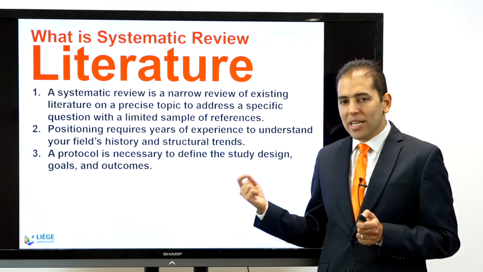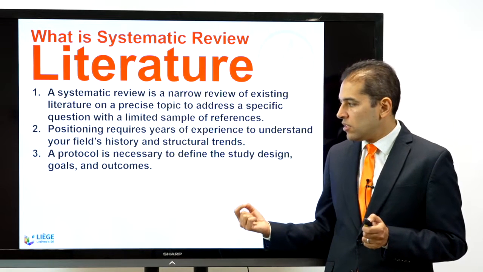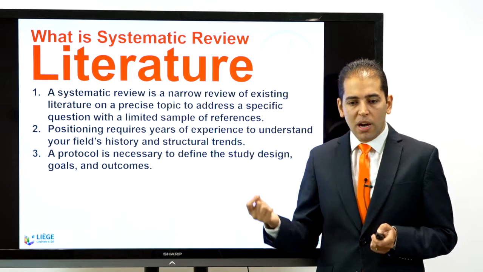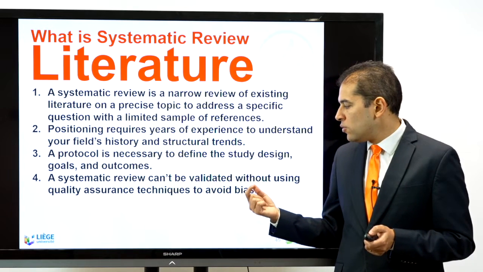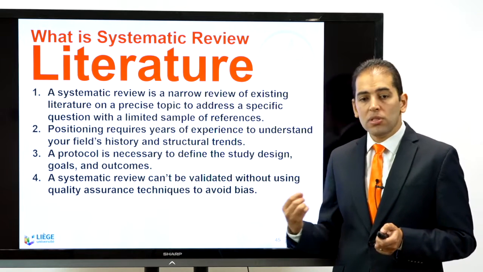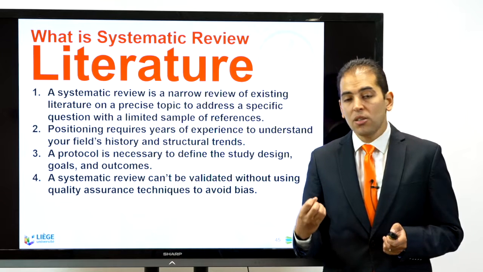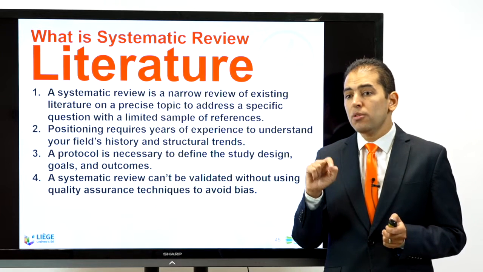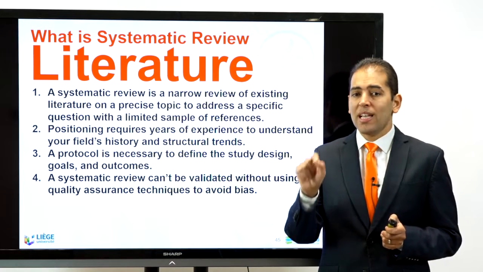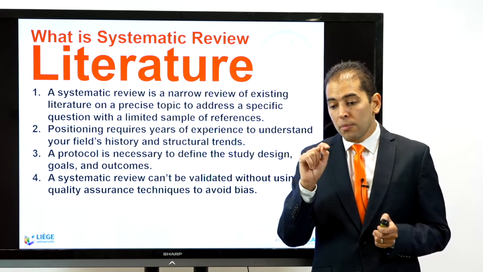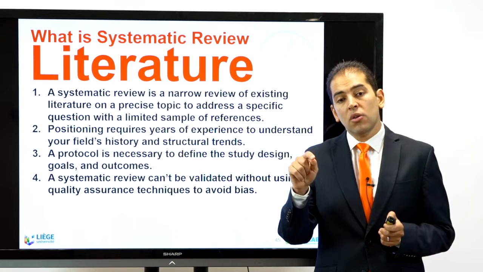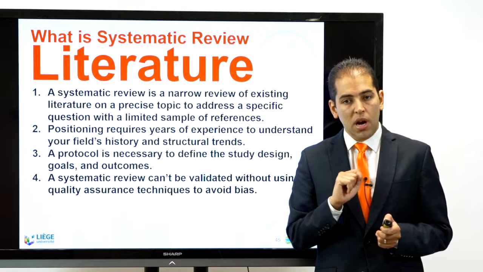A protocol is very important and necessary to define the study design, the goals and the outcomes, and a systematic review cannot be validated without using quality assurance techniques to avoid bias and to be able to even check the data sources and the analysis conducted by the authors of the chosen articles.